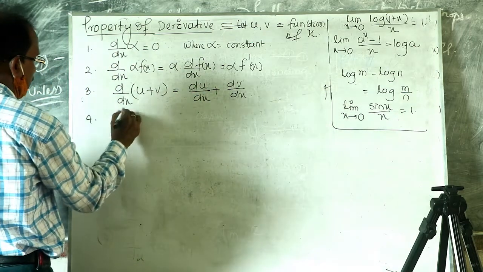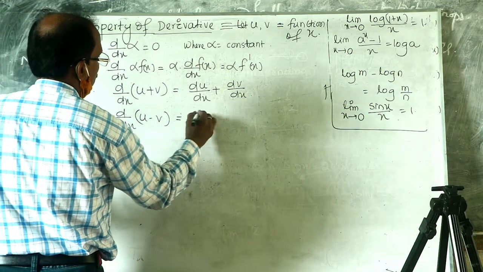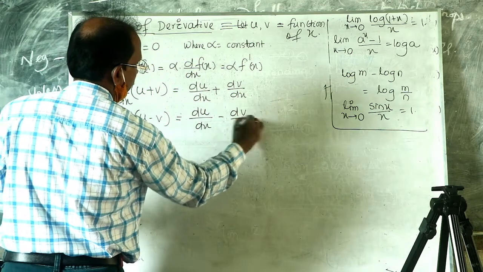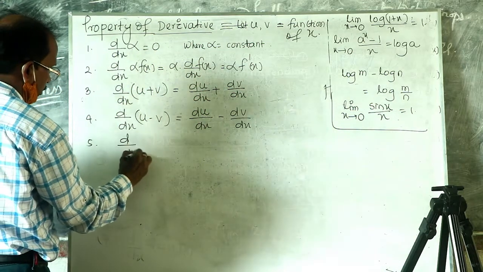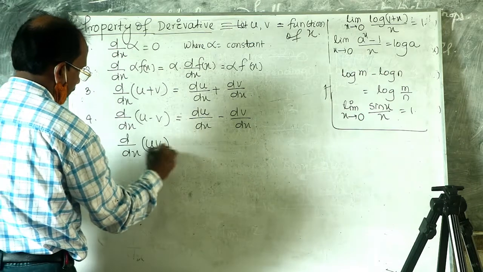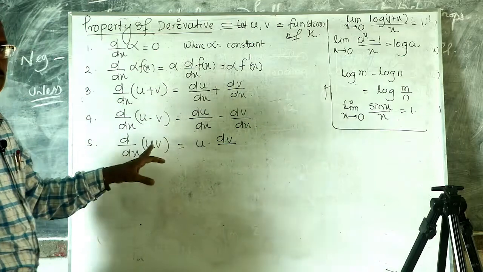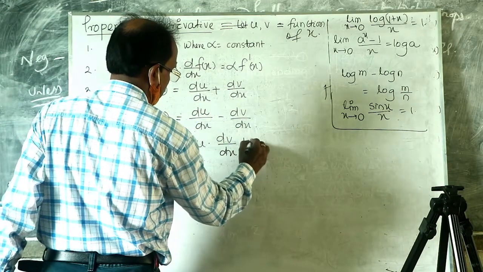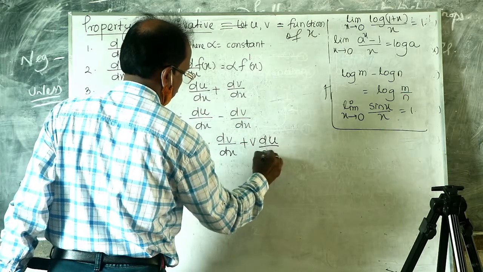Then derivative of u minus v is equal to derivative of u minus derivative of v. Then derivative of u into v, which is called the product formula, is first function into derivative of second plus second function into derivative of first function.